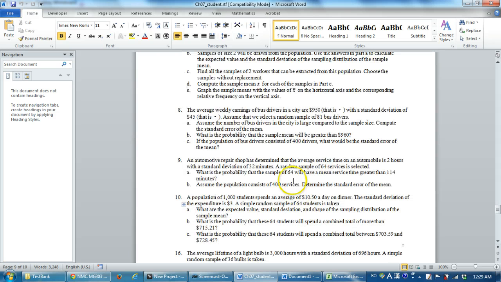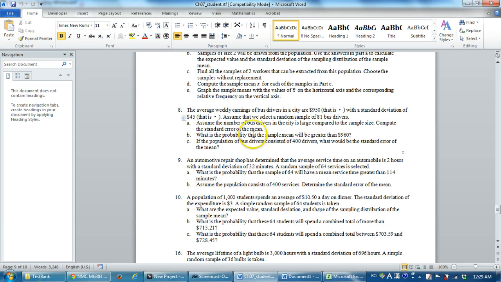Question number 8, the average weekly earnings of bus drivers in a city are $950, and then with a standard deviation $45, and assume that we select a random sample of 81 bus drivers.